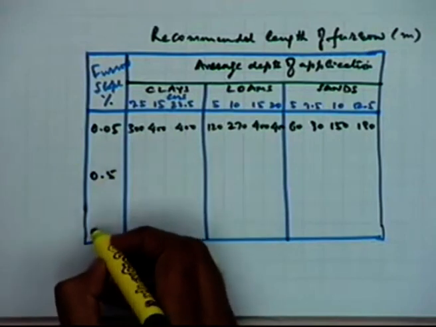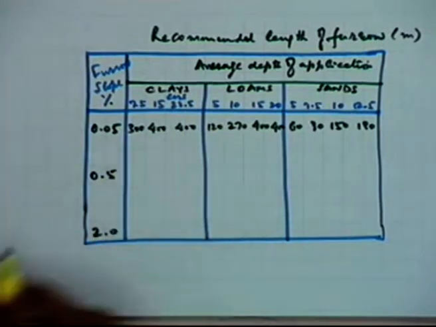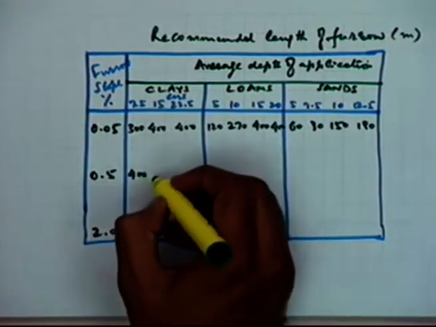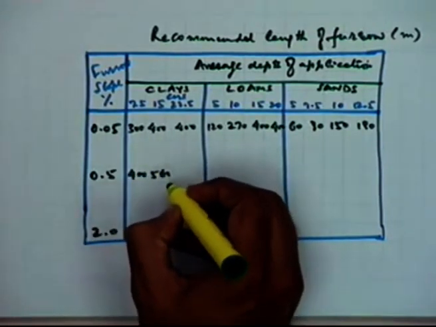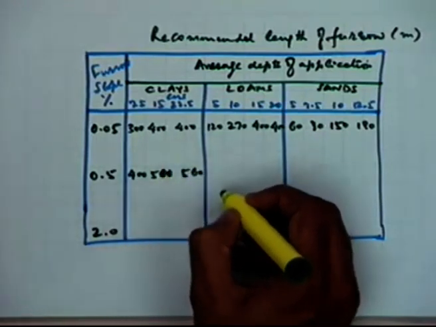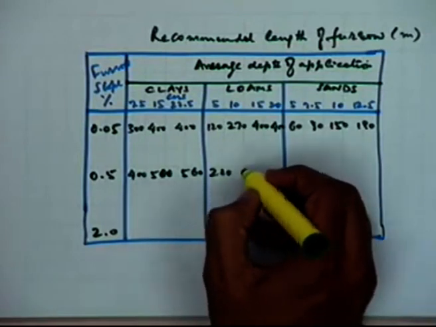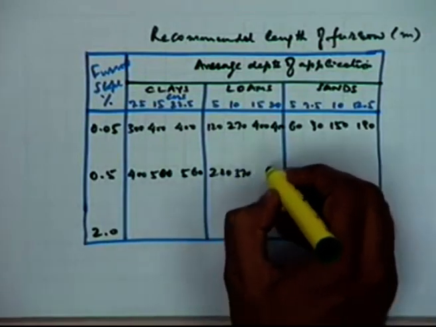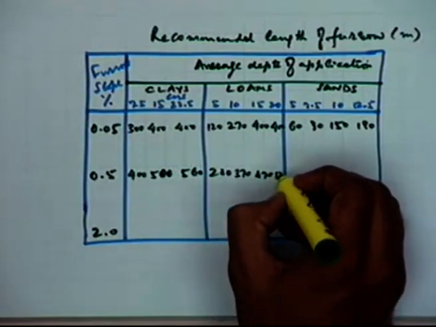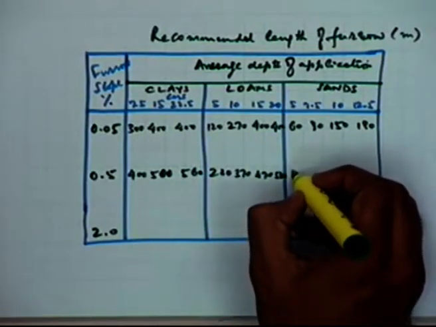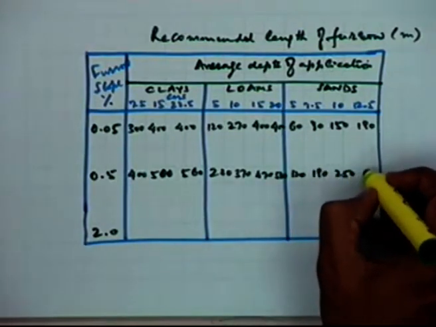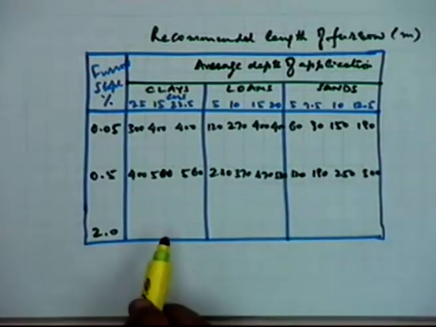Then let us have a look at these two more values for a slope of 0.5. You can see the variation.